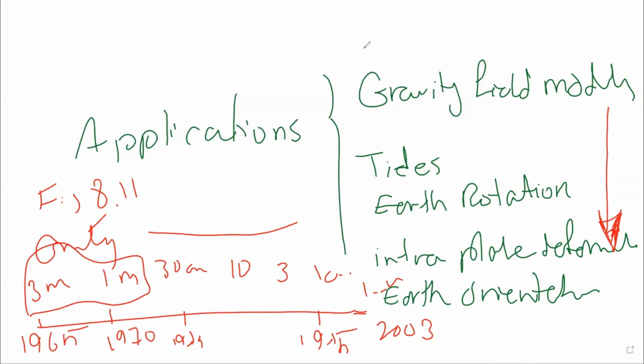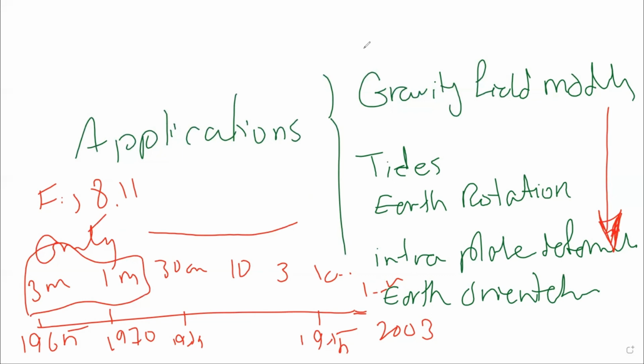So for example, for orbit determination, you can use the satellite laser ranging data and combine it with the integrated orbit or the predicted orbit.